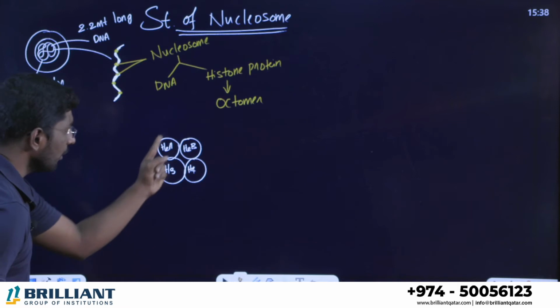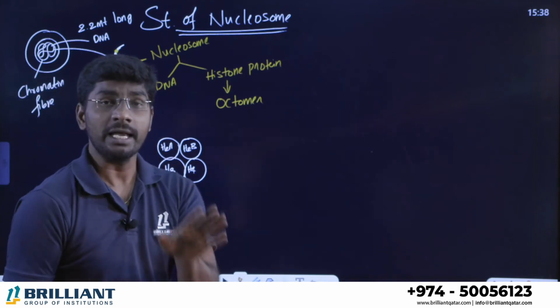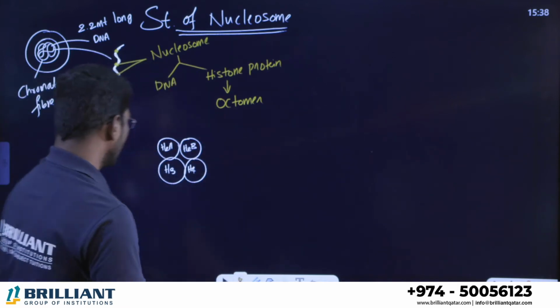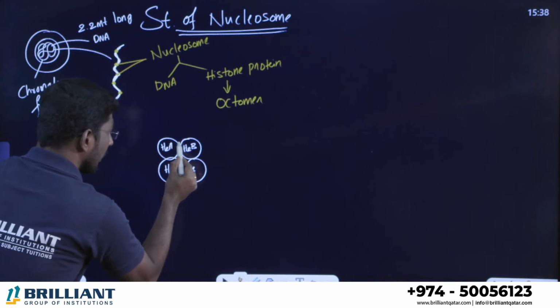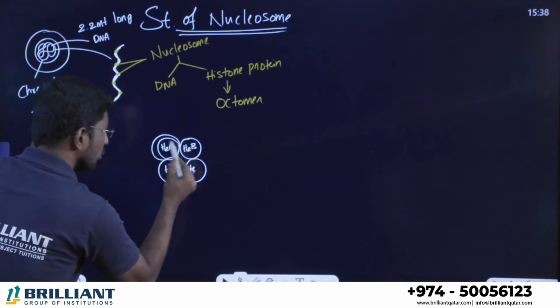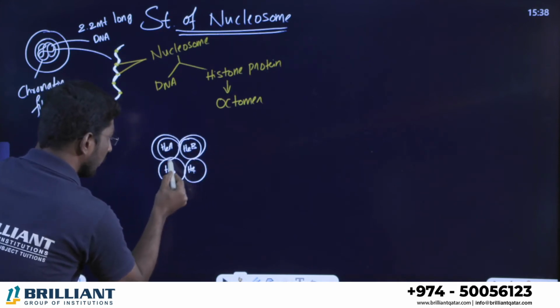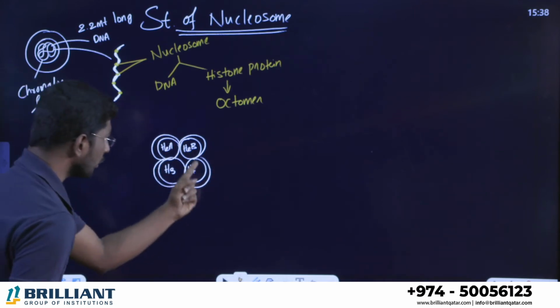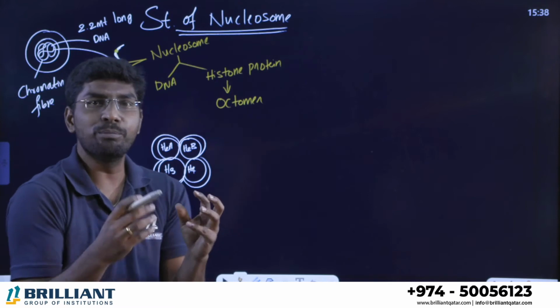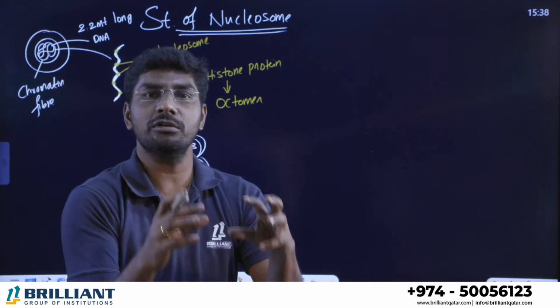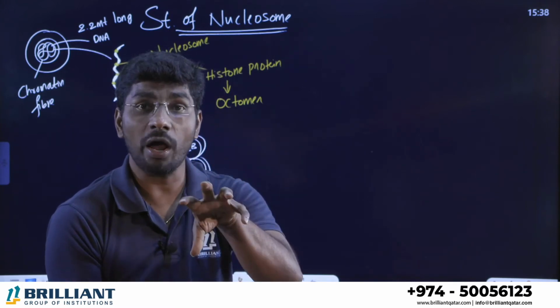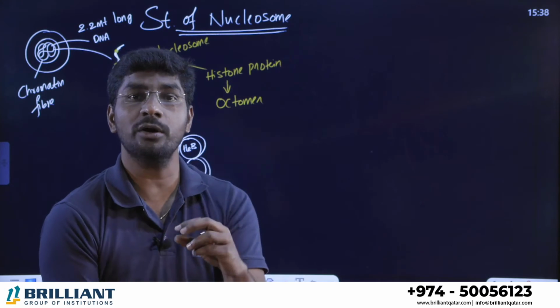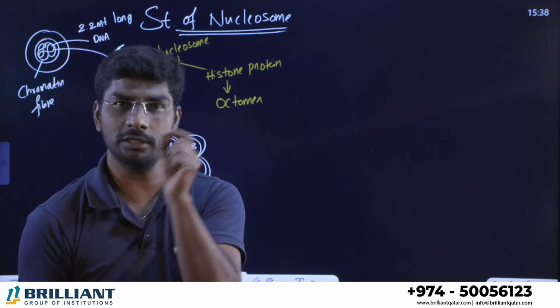These are the histone octamer proteins, each one in the form of 2. This is H2A, now this is the second H2A, second H2B, H3 and H4. So there are a total of 8 ball-like protein molecules, and these 8 ball-like proteins are called histone octamer.